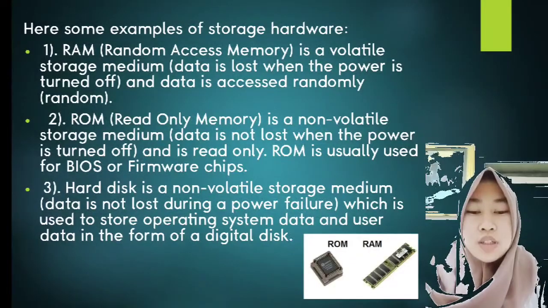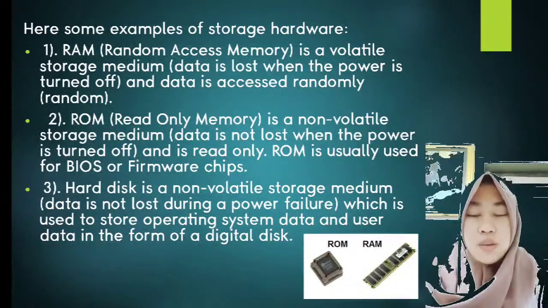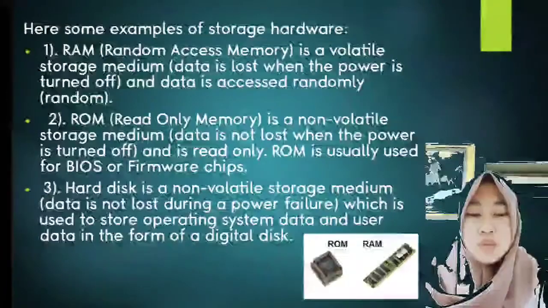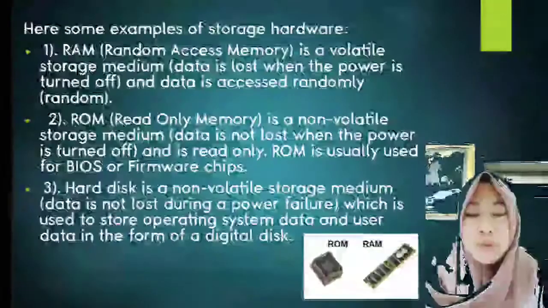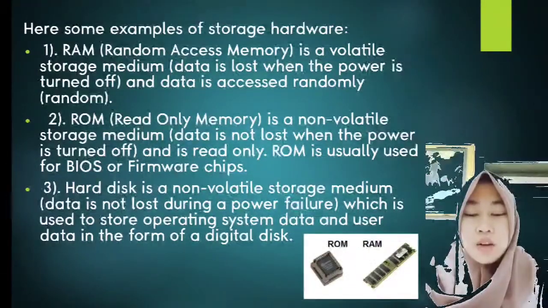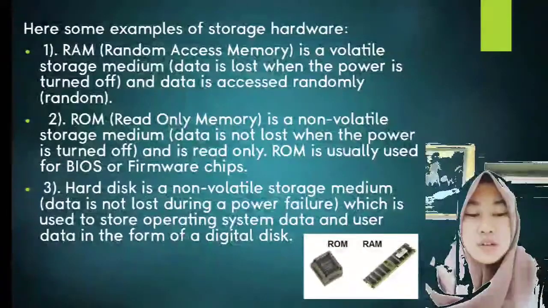RAM is used to store data as it is processed by the processor. 2. ROM. Read-only memory is a non-volatile storage medium. Data is not lost when the power is turned off, but the data is in read-only mode. ROM is usually used for BIOS or firmware chips. 3. Hard disk is a non-volatile storage medium.